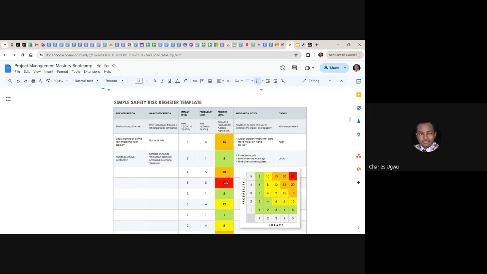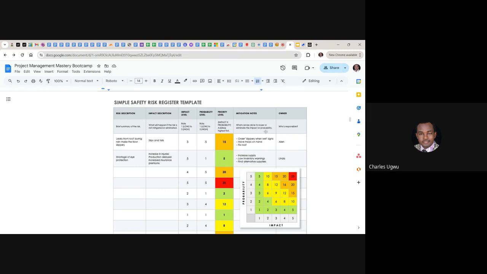When you are capturing risk and everything is red, it means you are a very bad project manager. But when you are seeing risk within your project and everything is green, at least you are a good project manager. There is no high risk or critical risk.